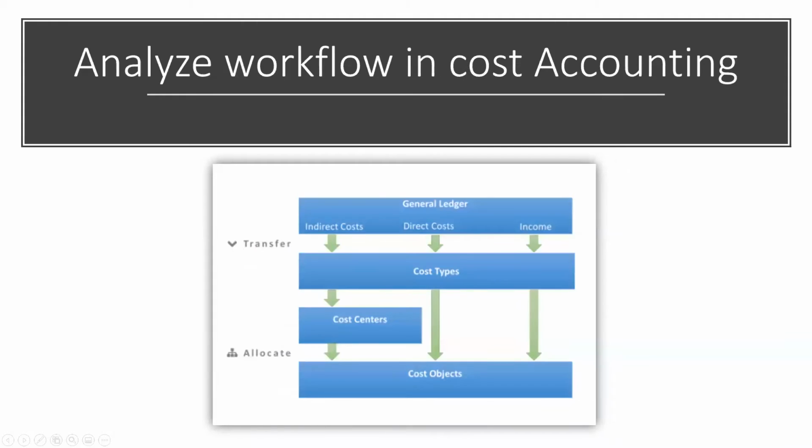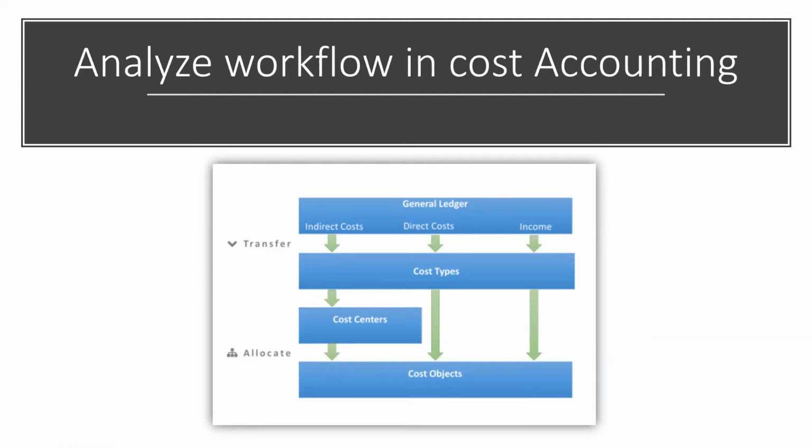Let me then just explain this with a diagram. I have a general ledger where I have indirect and direct cost, and if I want, I can also control income. When I control income, I call it a profit center. So we could generate a P&L specifically for those departments that generate income but also have expenses, because we cannot control everything in one single chart of accounts.